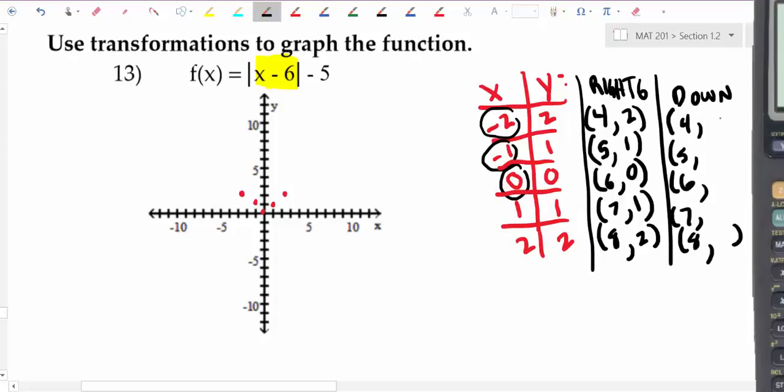And then what happens is all of these y values go down 5. So 2 minus 5 is negative 3. 1 minus 5 is negative 4. 0 minus 5 is negative 5. 1 minus 5 is negative... Whoa, am I off track here or something? I am. You know how I caught that? Because I know there's a pattern that's going to go on this. So what's 1 minus... Let's see. 1 minus 5 is negative 4.